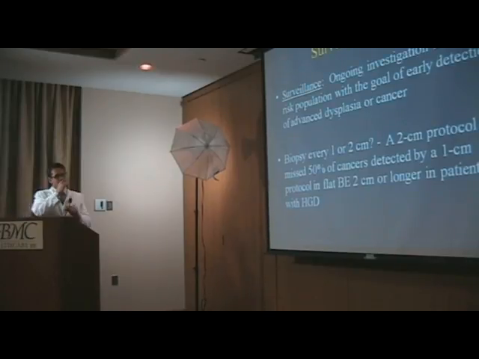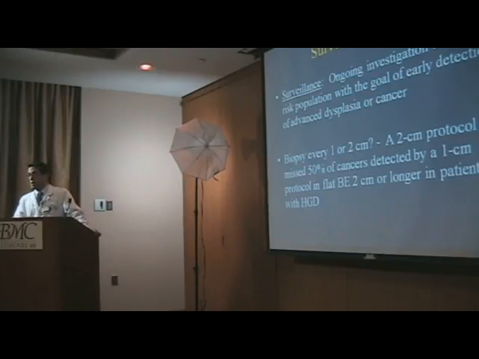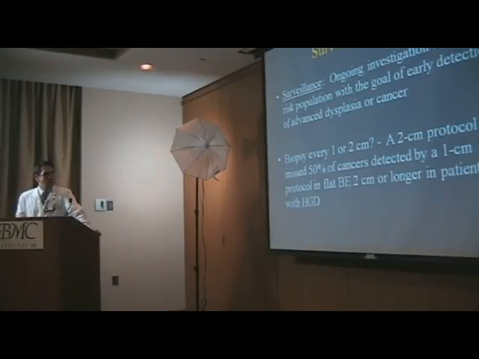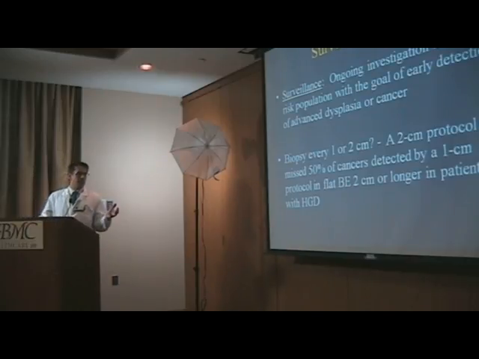So then the next question, since we talked about screening, is surveillance. Once you find Barrett's, what's the protocol? Well, the definition is ongoing investigation in a high-risk population with the goal of early detection of advanced dysplasia or cancer. One of the debates among endoscopists is, do you biopsy every 1 centimeter or every 2 centimeters?